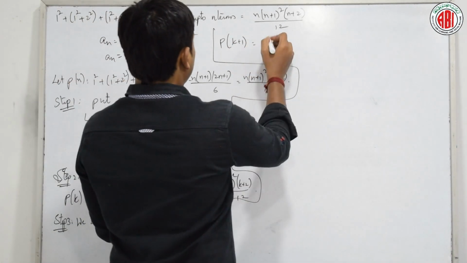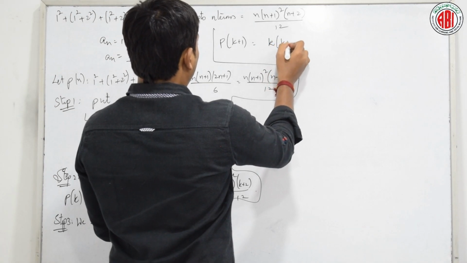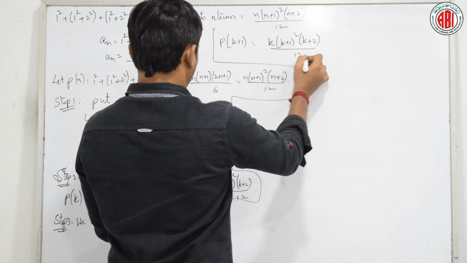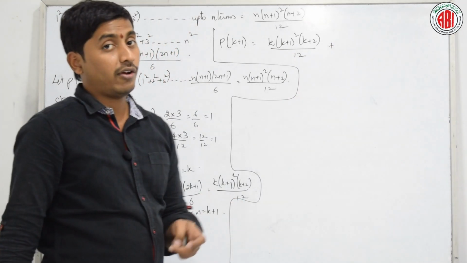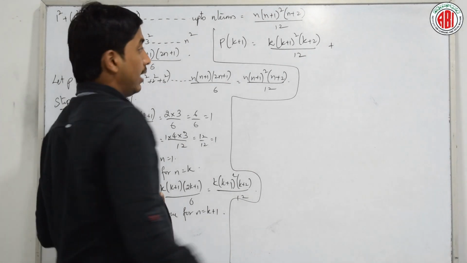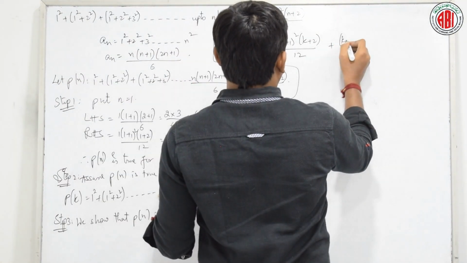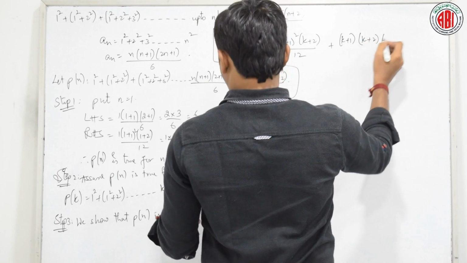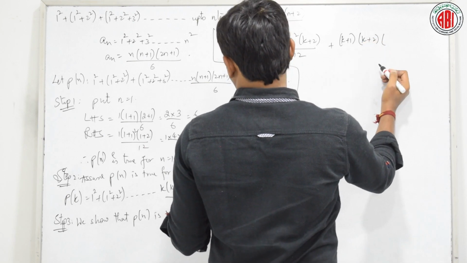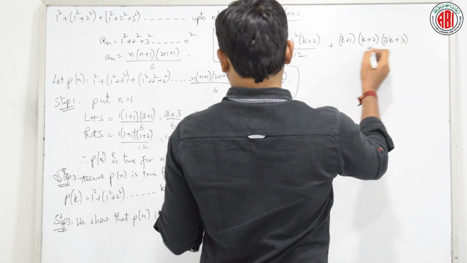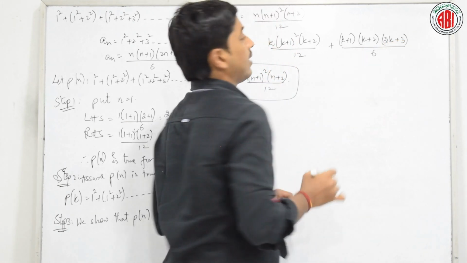Yes, that is k into k plus 1 whole square into k plus 2 divided by 12 plus we are going to substitute k plus 1 instead of this k, right? That is k plus 1 into k plus 1 plus 1 is k plus 2 into 2k plus 1, 2k plus 2 plus 1, that is 3 whole divided by 6.